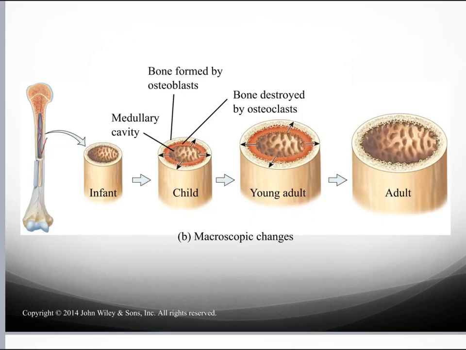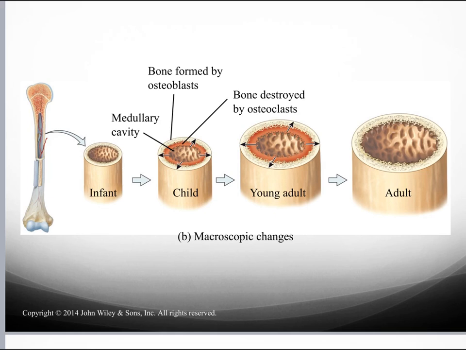Let's look at some macroscopic changes of bone from infant to adulthood. So what can we see? In an infant, we see our little thin compact bone with our spongy bone in the center and a small medullary cavity. Now, we see the medullary cavity growing in width, bones formed by our osteoblasts, and we see some constant destruction.